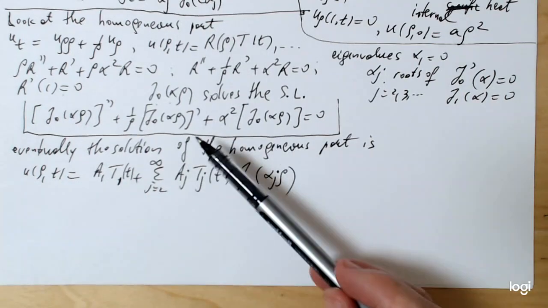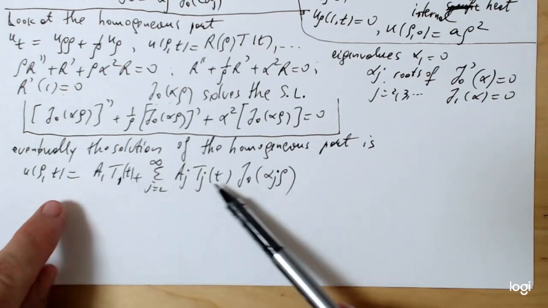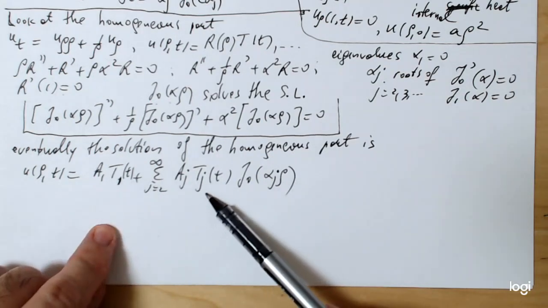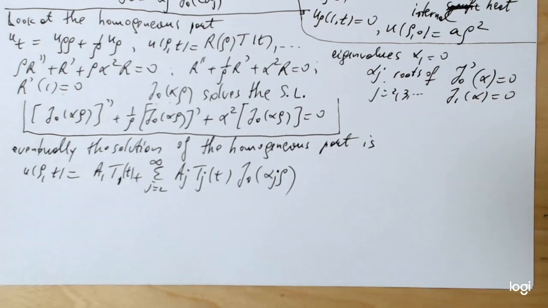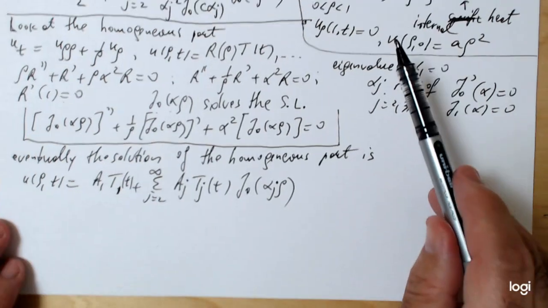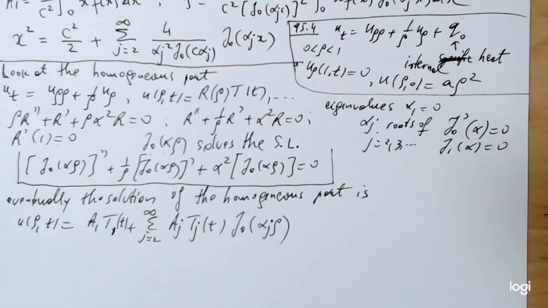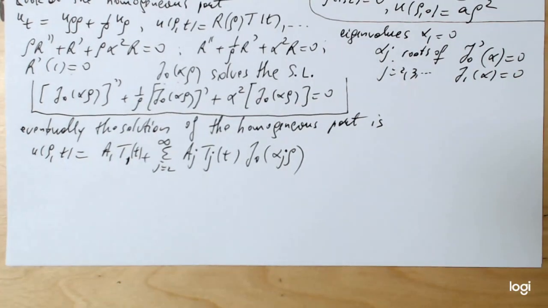In fact, you can take a look at the previous example we've done in this chapter, and you'll notice that indeed we got these solutions, and these Tj's are in terms of exponentials, whatever is the solution of the equation in t. But remember, you don't need to go that far at this point, because your goal is to solve the non-homogeneous equation. So here is the moment when the variation of parameters kicks in.